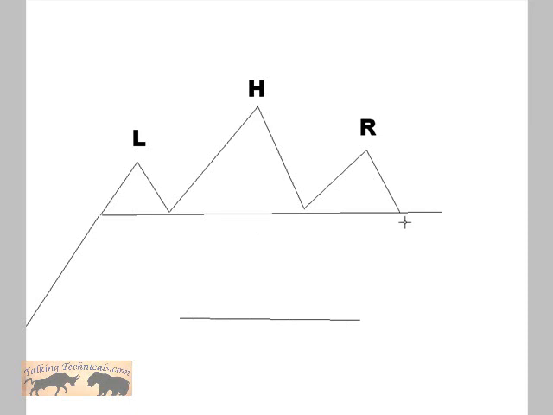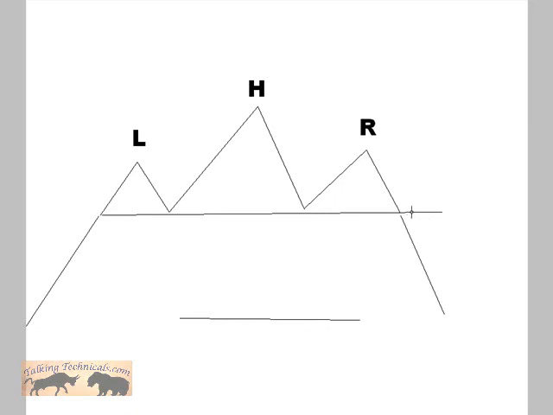So upon breaking the neckline, that's your trigger to go short in the market, or if you're basically just investing, go to cash. And typically it'll have a move down to the measured move.